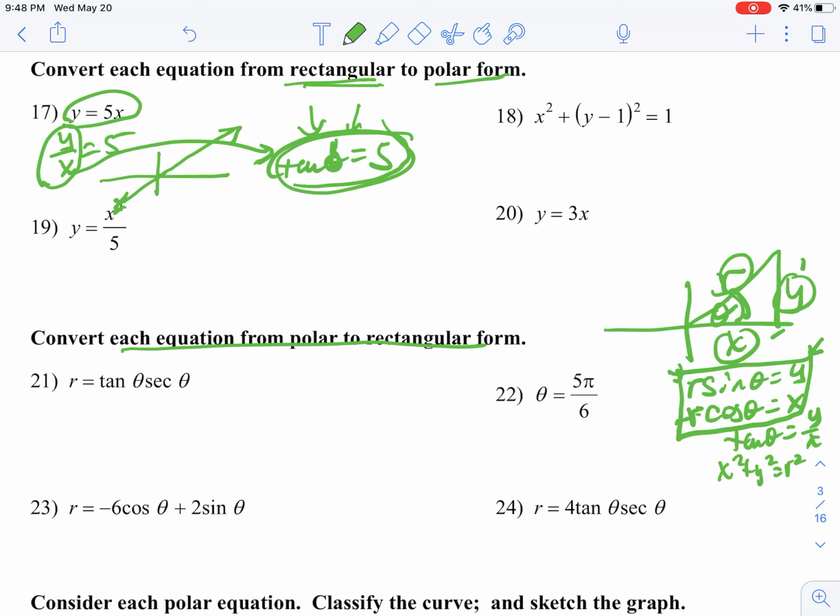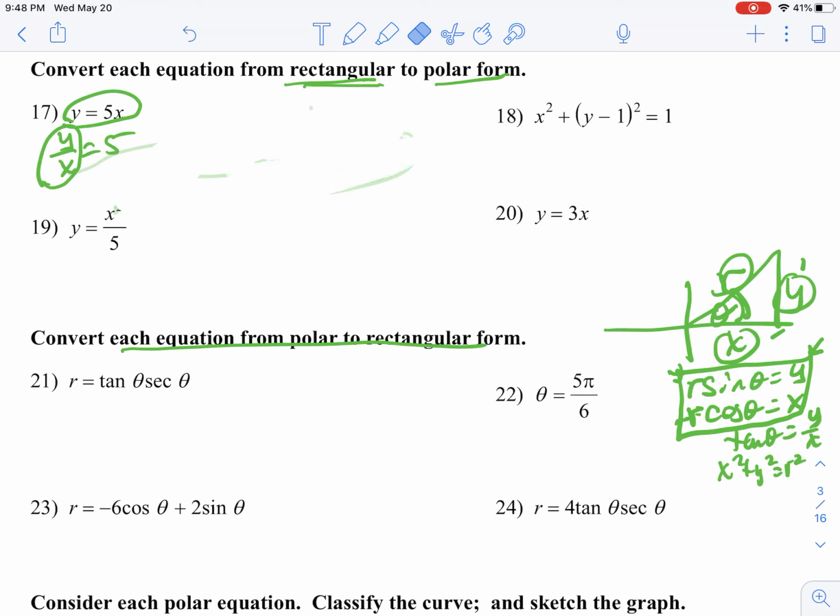And so it's like a constant. So you would find all of the angles, you'd turn that way, and you'd walk all along this, and it would give you that line. And we can talk more about that in class also. Right now, all I really want to do is change it from rectangular to polar form.